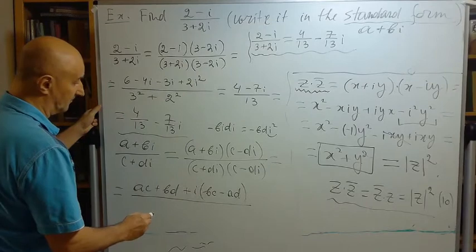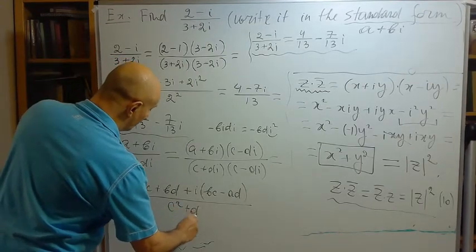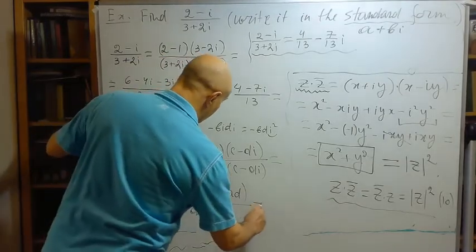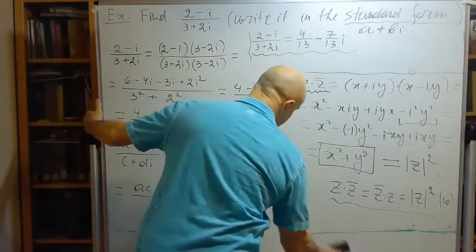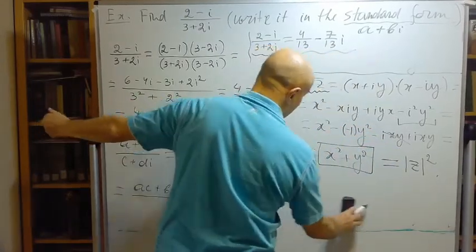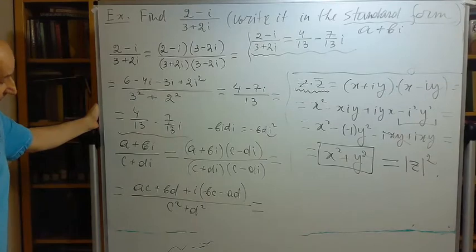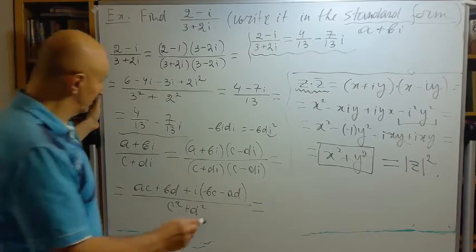divided by c squared plus d squared. Or you can just continue this writing. I will separate real part and imaginary part.